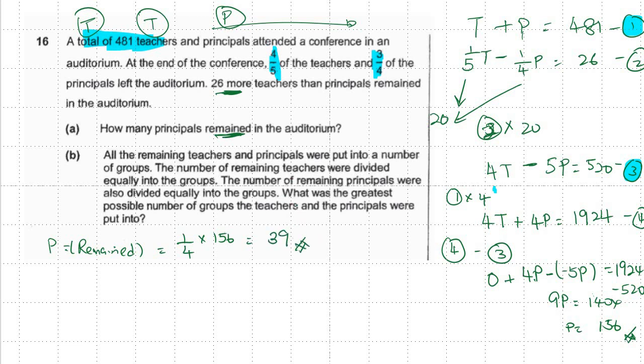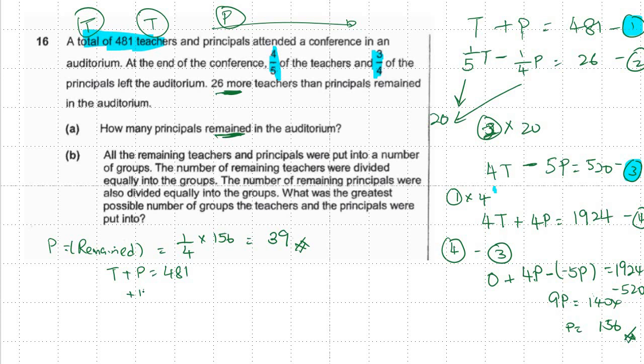Okay, then it's asking you that all the remaining teachers and principals are put into a number of groups. So in this case, I want to find out what is my remaining teachers as well. So I know my remaining is 1/5 of the teachers. So what is my teachers? I know that teachers plus principals equals to 481.